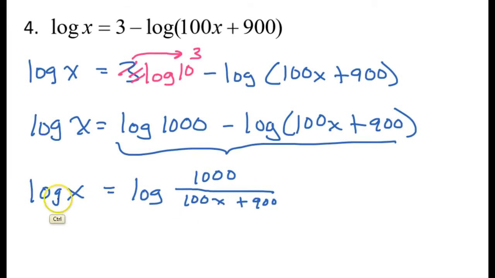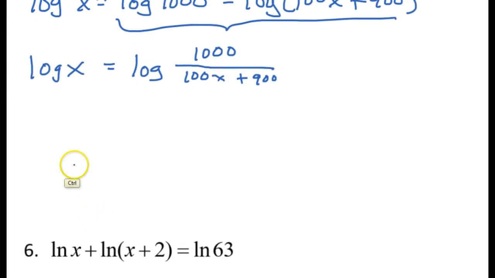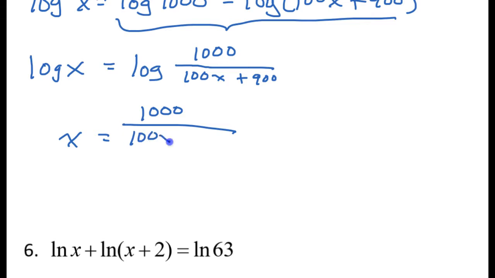Now that I have a log of something equals a log of something, the arguments must be equal. The part inside the log must equal the other part inside the log. In other words, x must equal 1,000 over 100x plus 900.